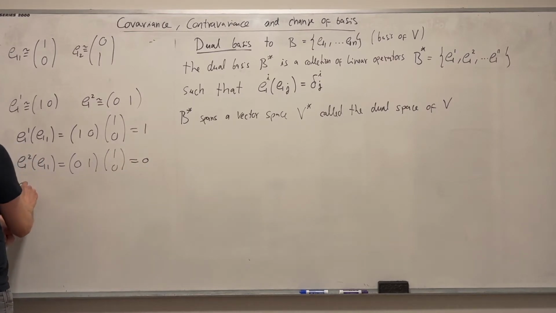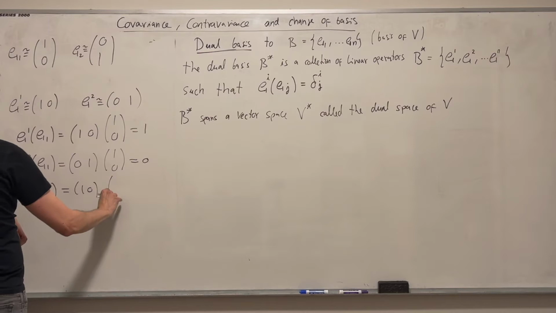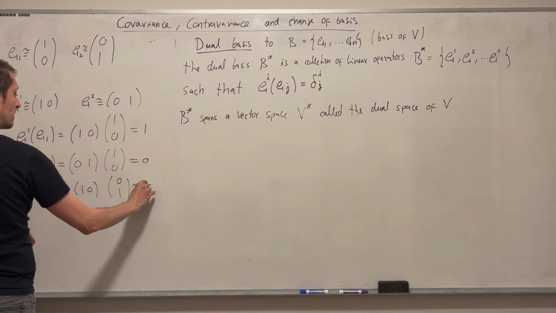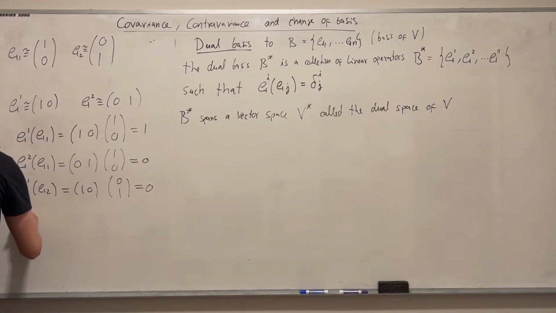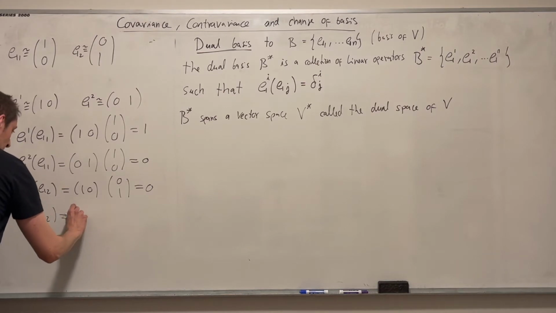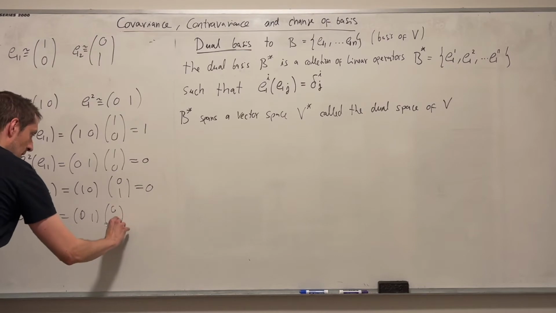What is E1 acting on E2? That is (1, 0) acting on (0, 1), which is 0. This is a matrix product, right? It's a linear operator acting on a vector. And E2 acting on E2 gives me (0, 1) acting on (0, 1), which is 1.